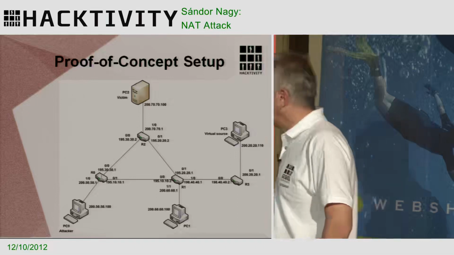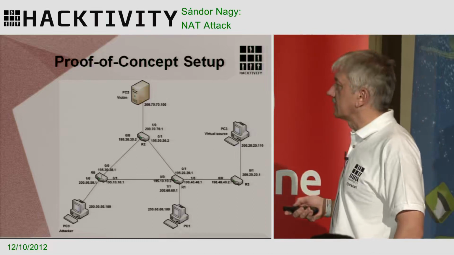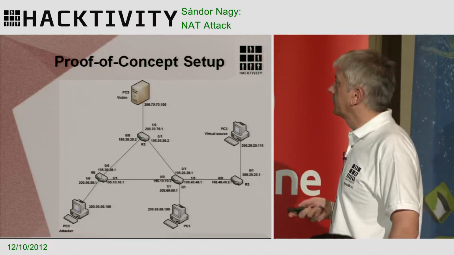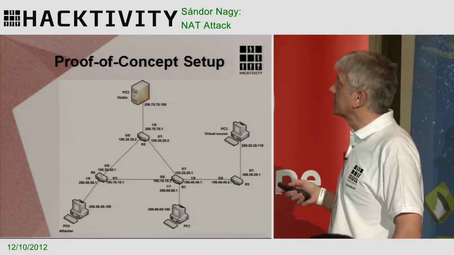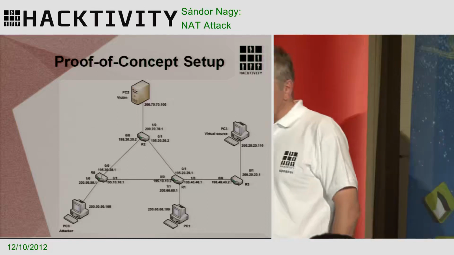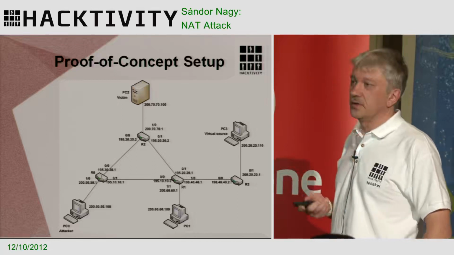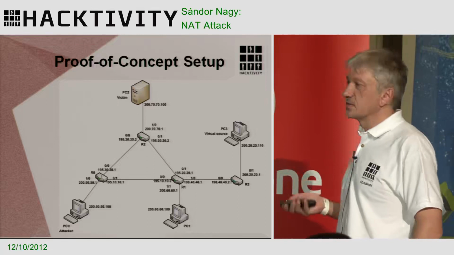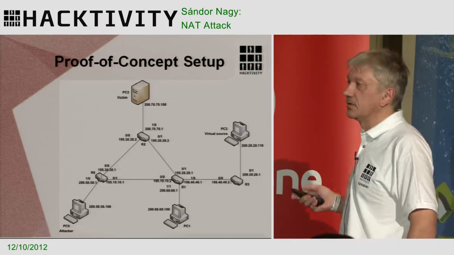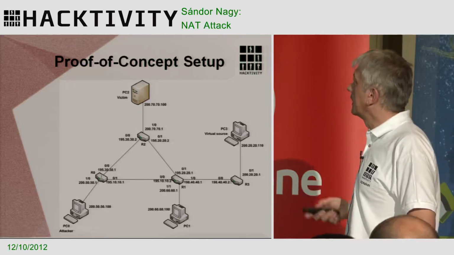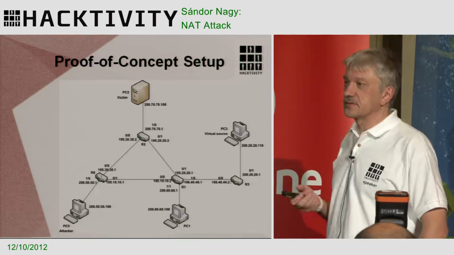And what are the roles? First of all, in this case, PC null is the attacker, R1 is the seized router, and of course, PC2 is the victim. We also need two other actors: a virtual source and a virtual target. The virtual source is, in this case, a physical device with this IP, but the virtual target does not exist in this particular case.